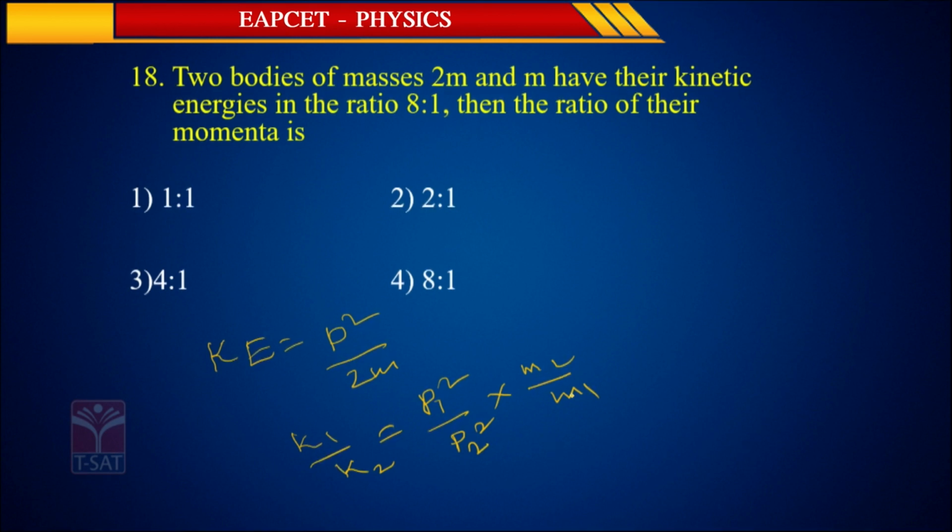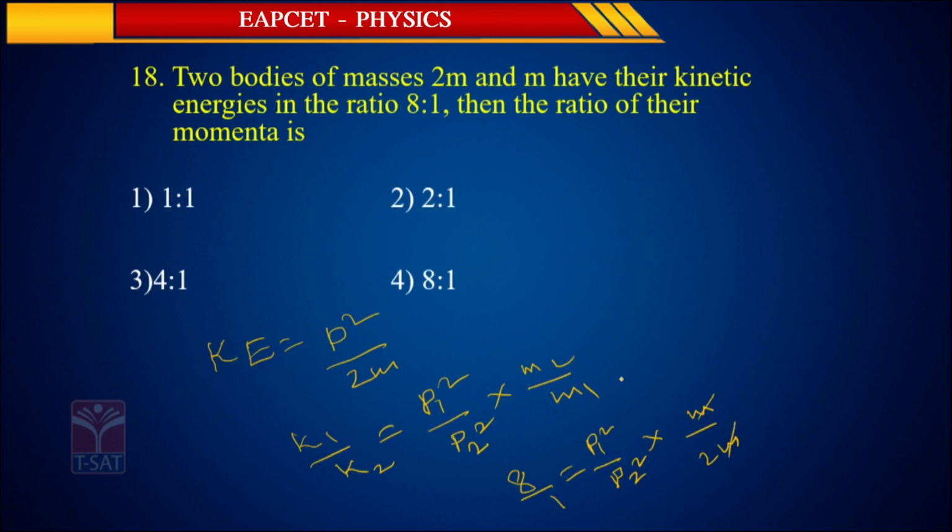Masses are given, and the kinetic energy ratio is given. k1 by k2 is how much? 8 by 1, children. p1 square by p2 square into m1 by m2. m1 is 2m and m2 is m, therefore m and m get cancelled.